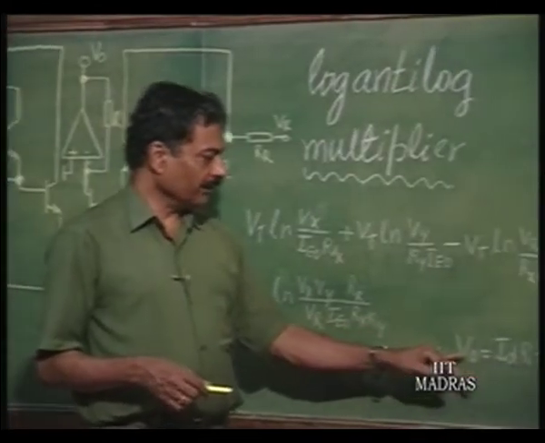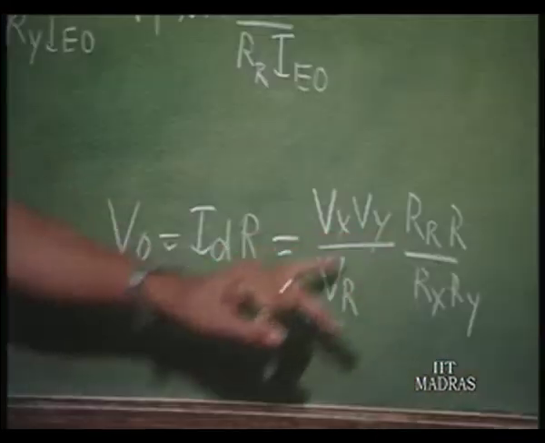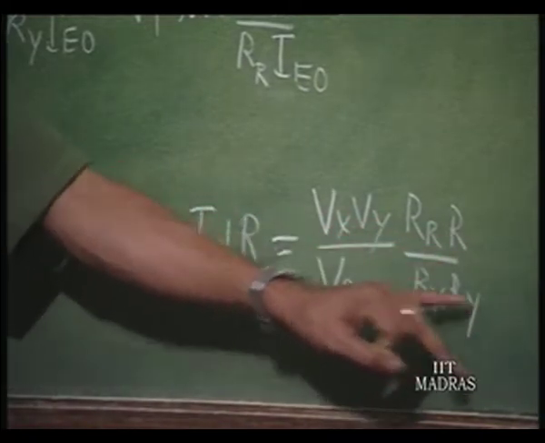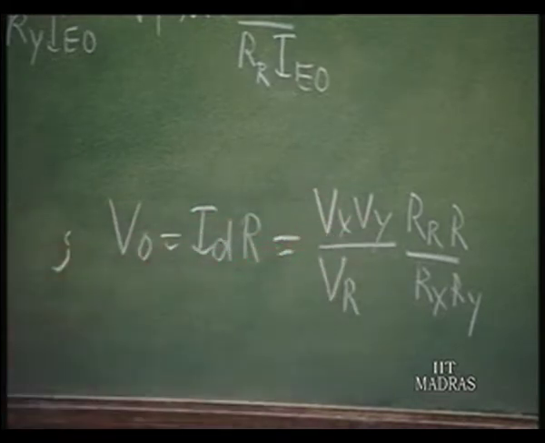and this current, when it is made to pass through a resistance, develops a voltage which is Vx Vy by Vr. If I make Rr, Rx, Ry all equal resistors, then we know that this becomes Vx Vy by Vr, and Vr can be made equal to 10 volts, and we have the multiplier.